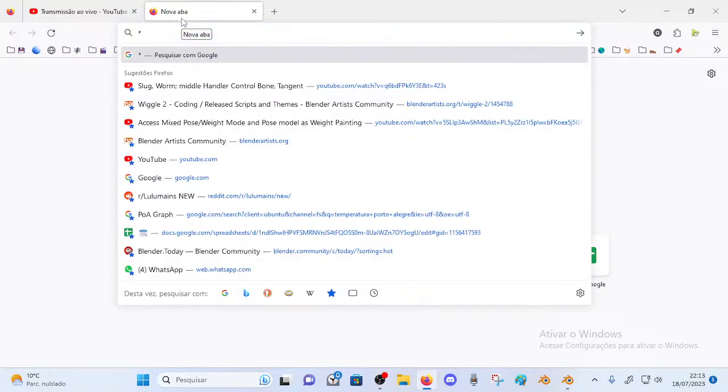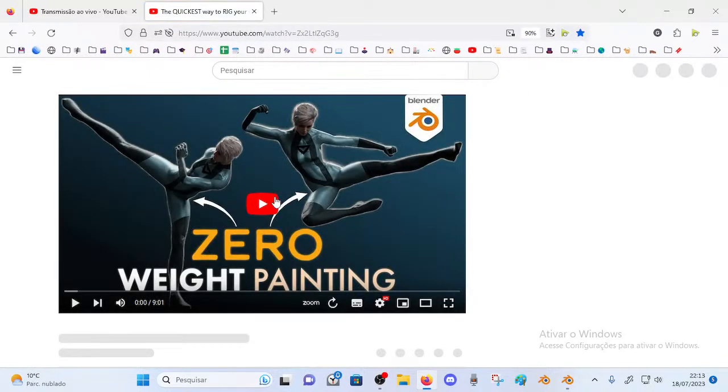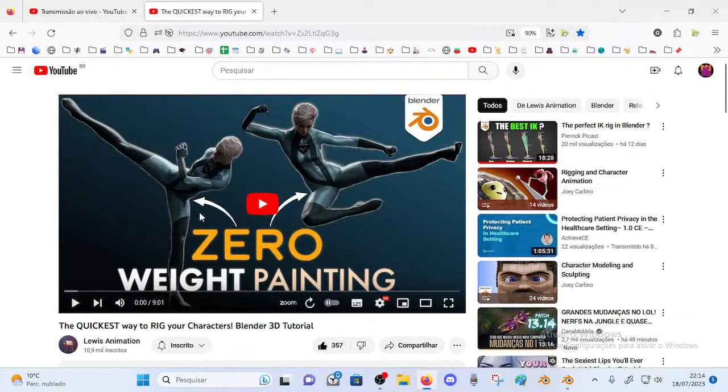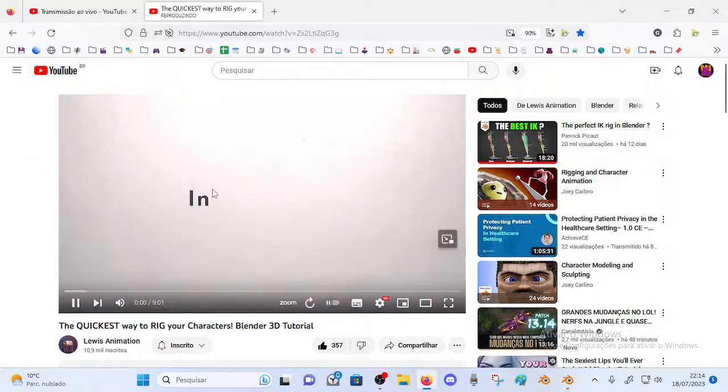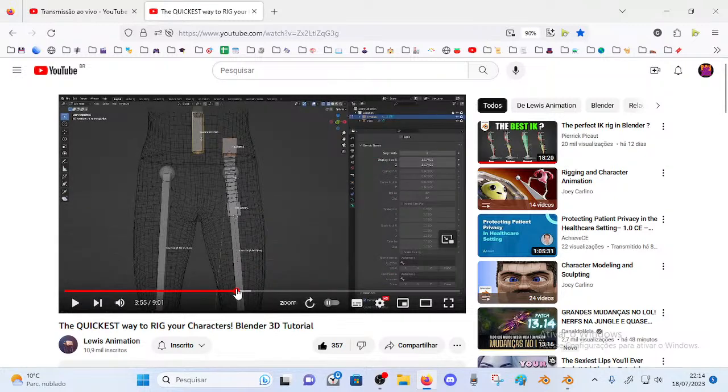What's the name of this? Is it Hips Dive Rig, is that one? Yes, that one. So it was published by Lewis Animation 8 days ago, and he told me in a comment that he got this idea while he was experimenting.